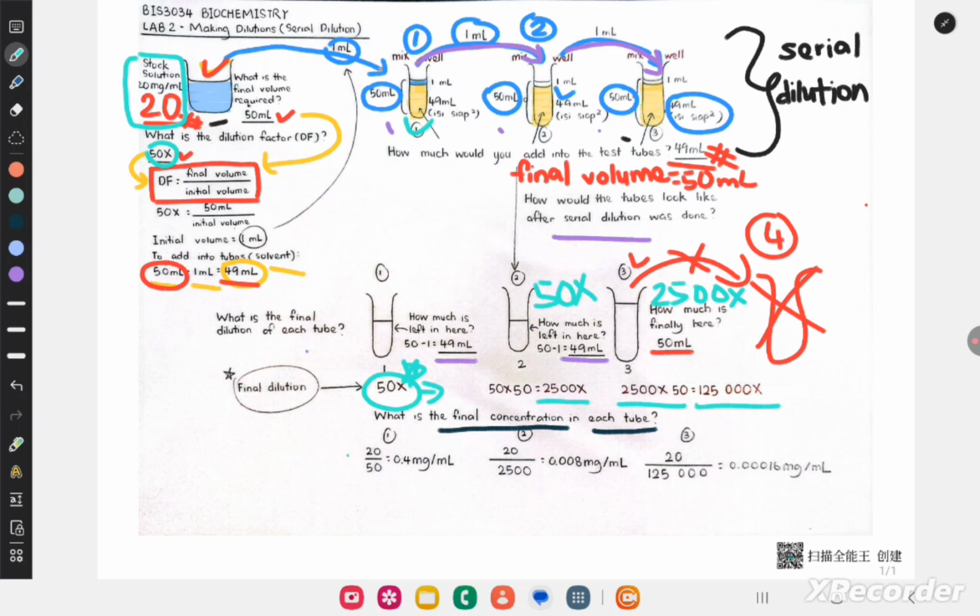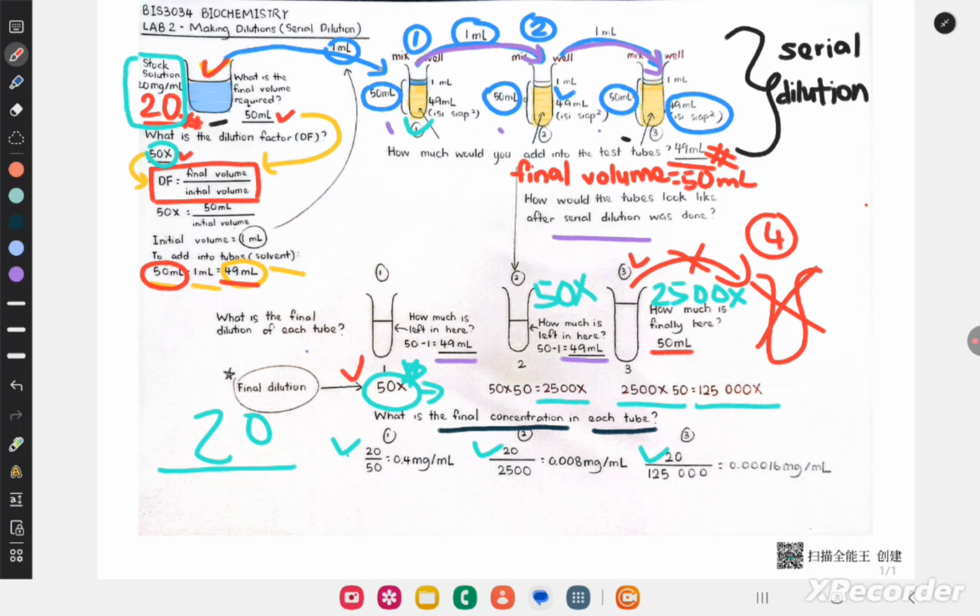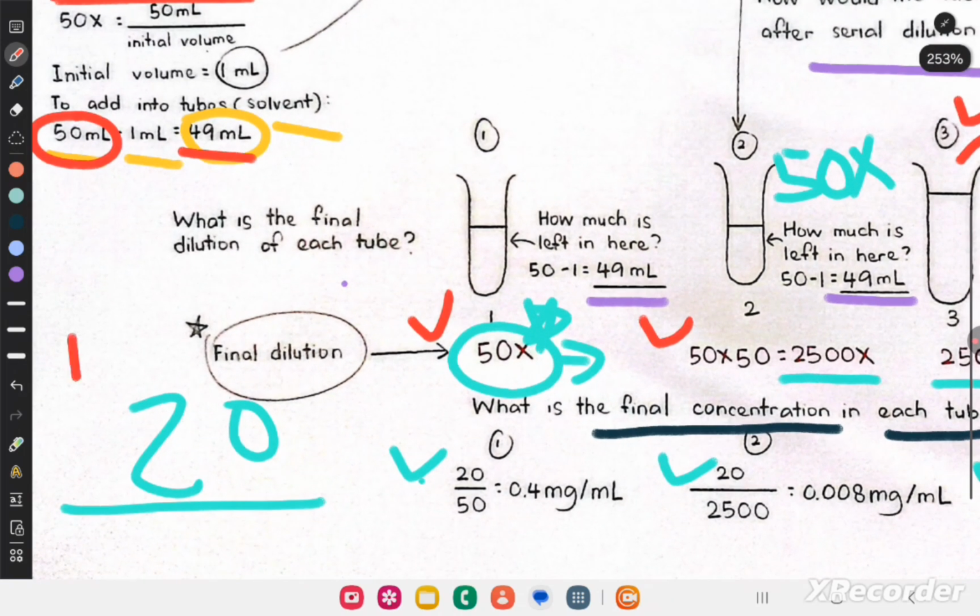So each of the formulas in here is the same. It starts with 20, because this is the initial concentration of the stock solution. The only difference is the dilution factor. These three are the dilution factors.